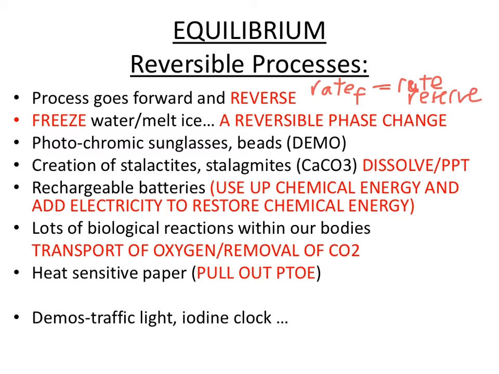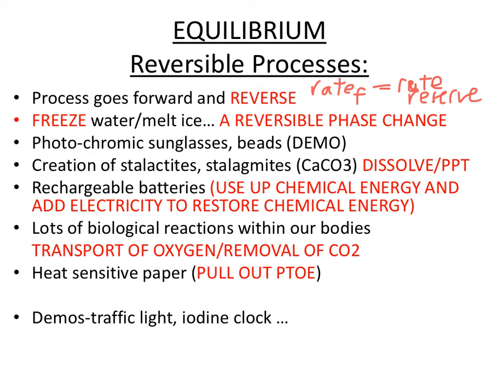So we just finished a unit on kinetics. So when the forward rate is equal to the reverse rate of reaction, then we would say that the system is in an equilibrium state.